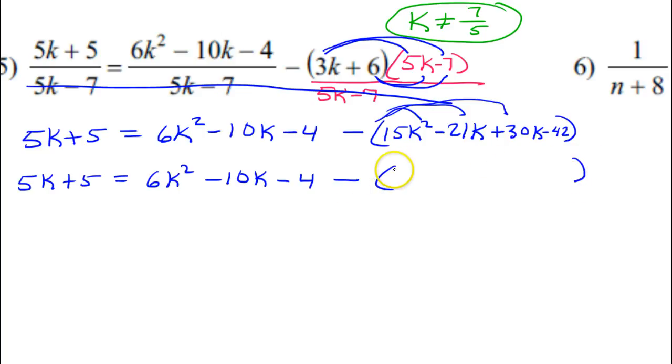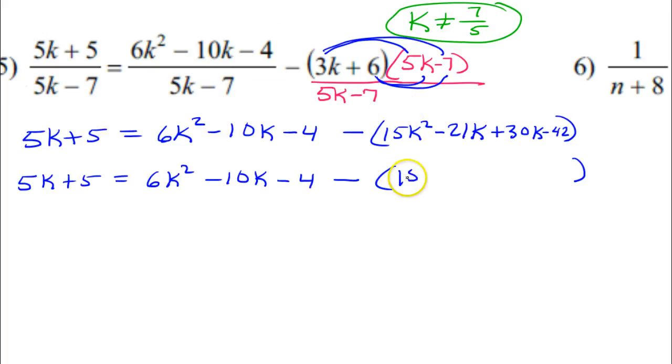This is getting tedious. So I'm just going to combine like terms first. So still in here, I've got 15k squared, negative 21k, positive 30k. So that is positive 9k minus 42.